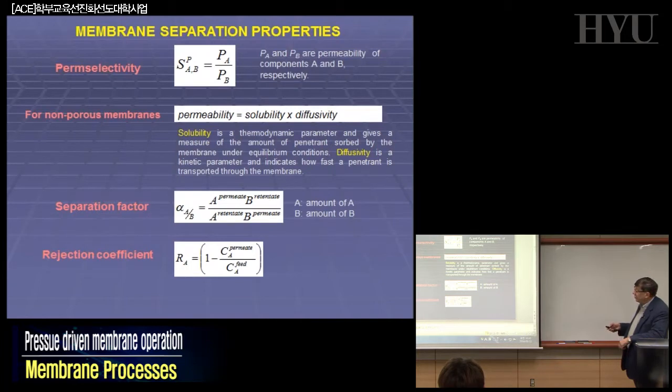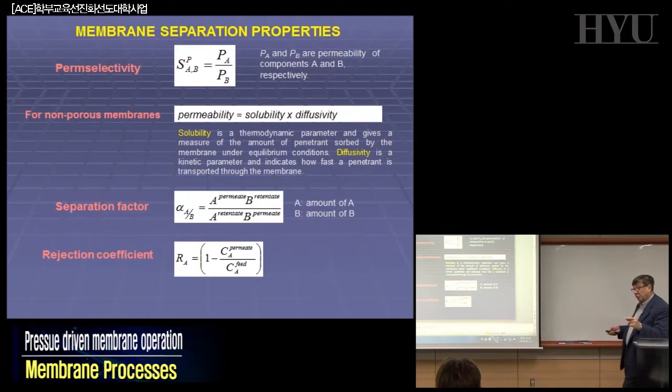So you can see it is not just the ratio of the two permeabilities, but there is a ratio between the concentration of species A in the permeate, downstream of your membrane, divided by the same concentration of the same species upstream of your membrane, multiplied by the inverse for the species B. This is a definition, and we have to consider this definition.